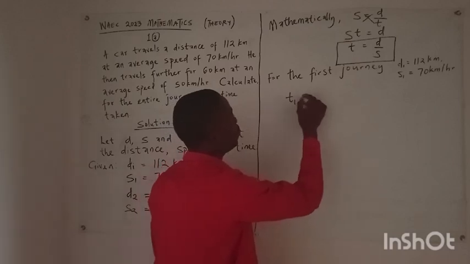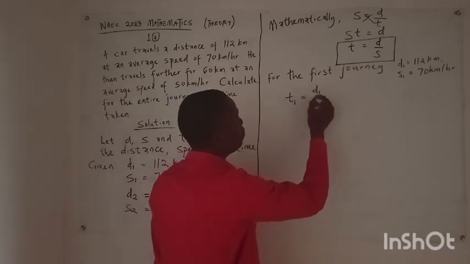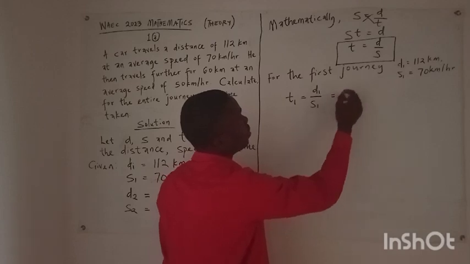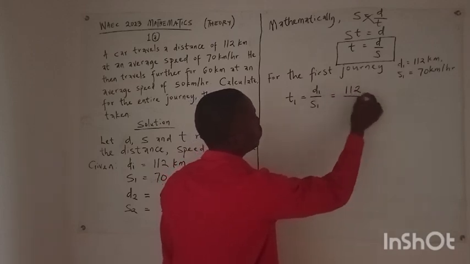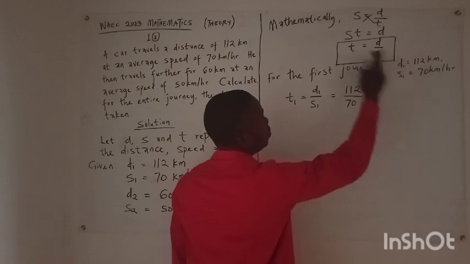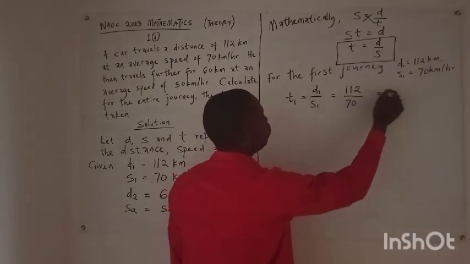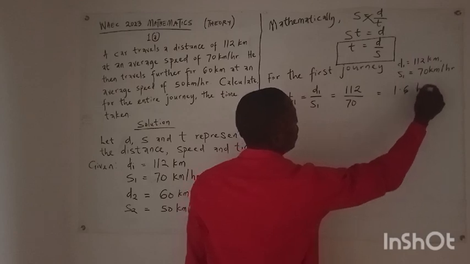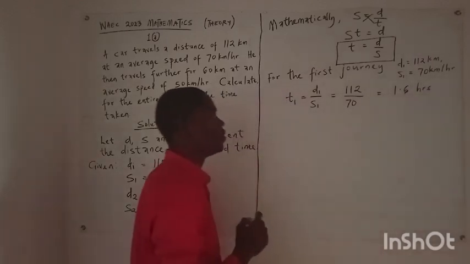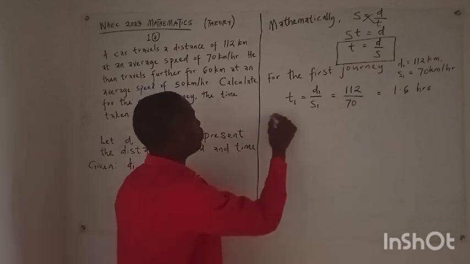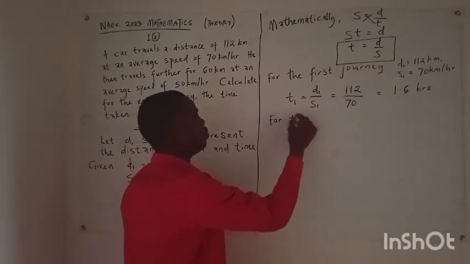So T1 will be equal to the first distance covered divided by the speed, which will give us 112 all over 70. Distance all over speed from this formula. So this will be 1.6 hours.